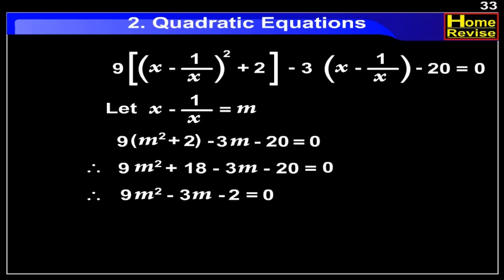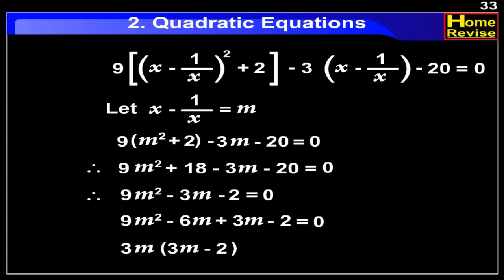Splitting the middle term, we get 9m² − 6m + 3m − 2 = 0. Taking out 3m common from the first two terms, we have 3m(3m − 2).